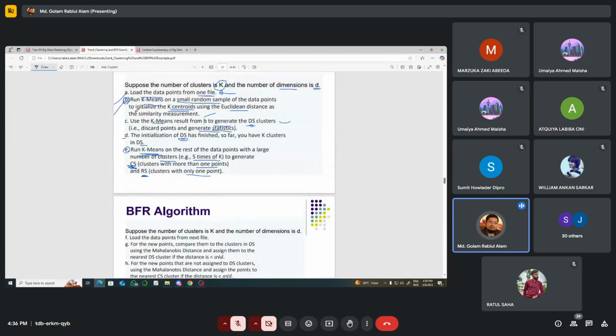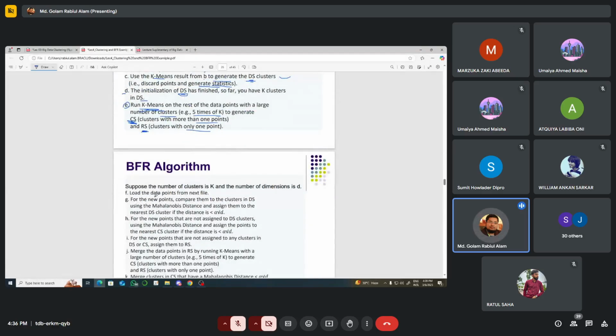Then after that, what we have to do is load the data points from the next file, that means load the second chunk of the data. Then for the new points, from the loaded second chunk, compare them to the clusters in DS using the Mahalanobis distance.